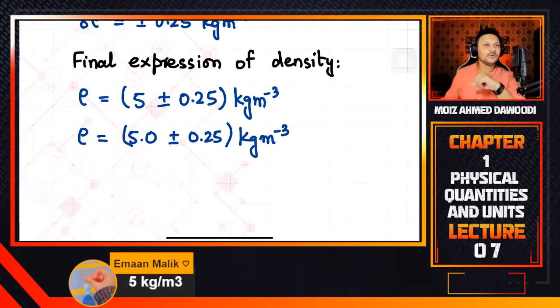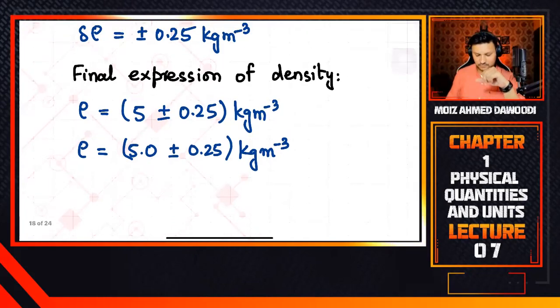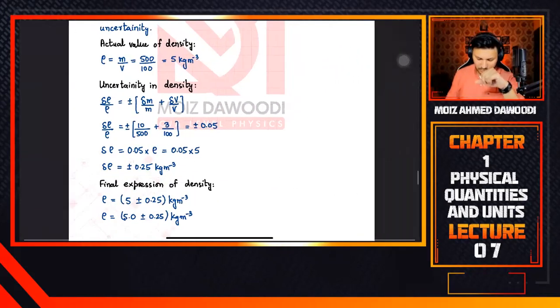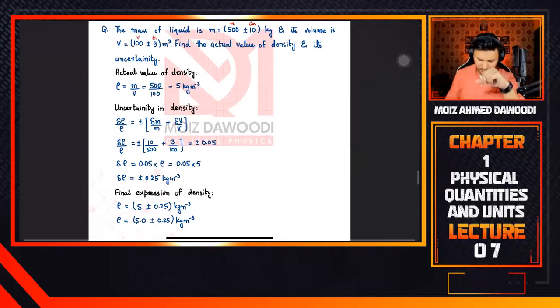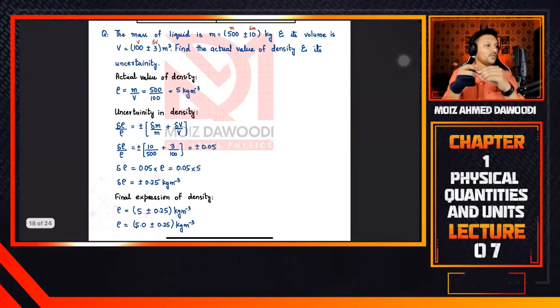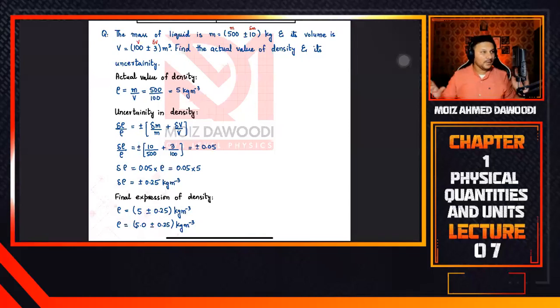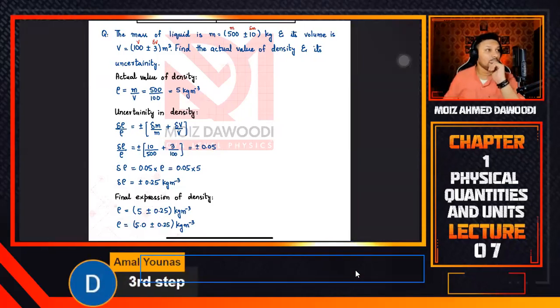Clear up till now? Clear, sir. This is the whole question. Clear, sir. Cool. So if anyone has a question, you can ask. Amal, you are saying third step. Which third step? Are you talking about this one? Okay, it's clear now. Okay.